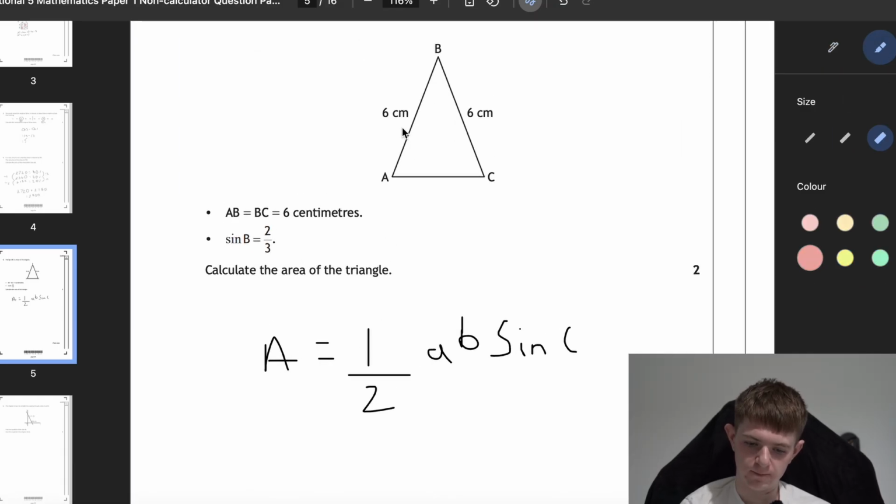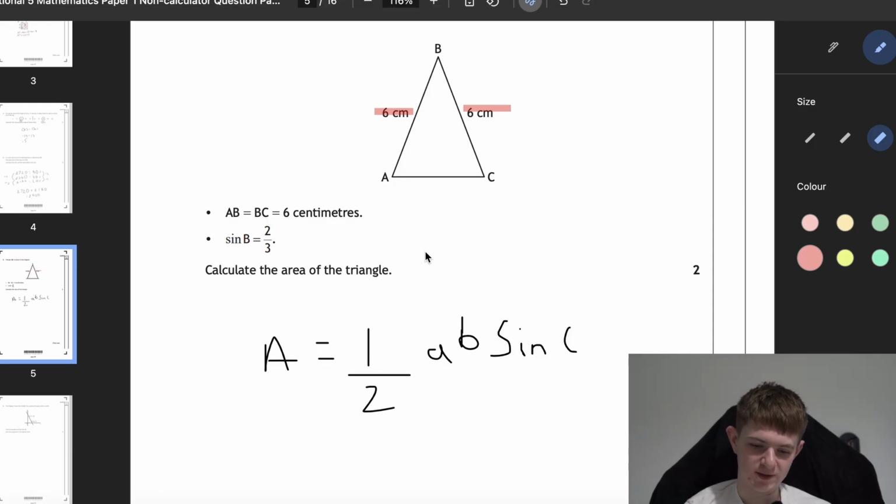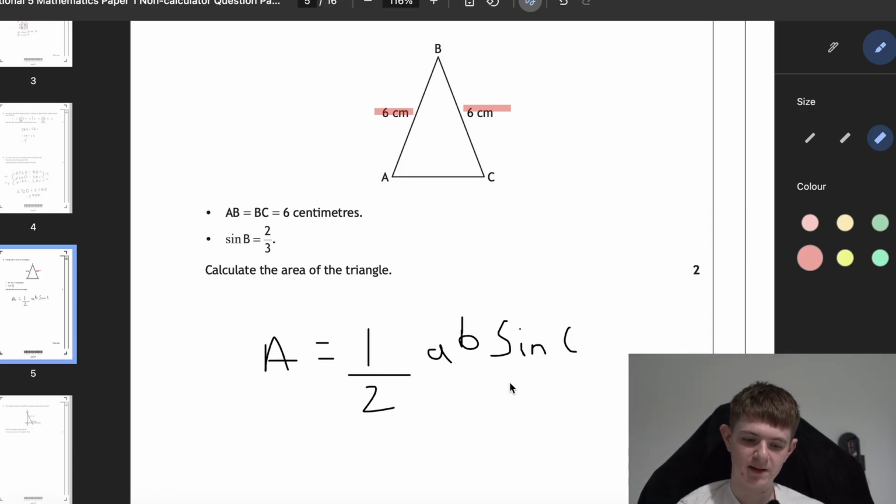So boom, boom. Either or, doesn't matter, they're both 6. So a could be 6, b could be 6. They both are. a is 6 and b is 6, but it doesn't matter. Of course, sine C, that's our angle. So our angle, we've been given it already. Our angle is 2 over 3.